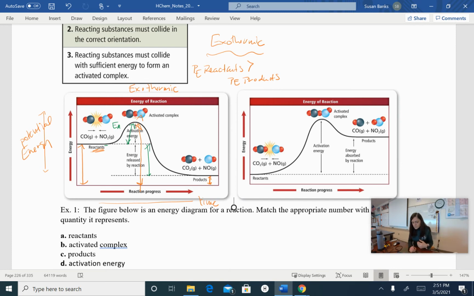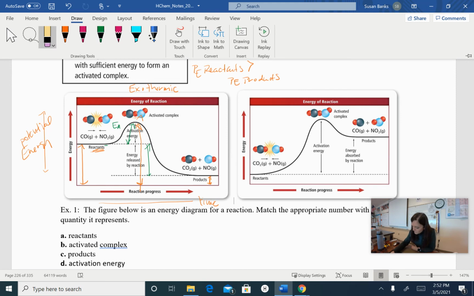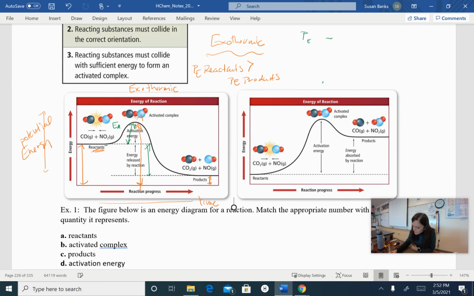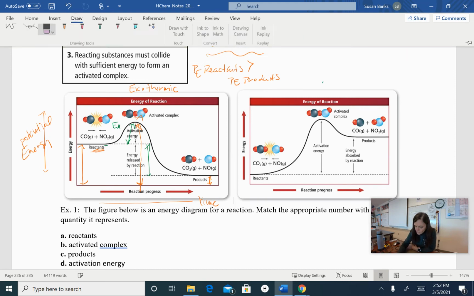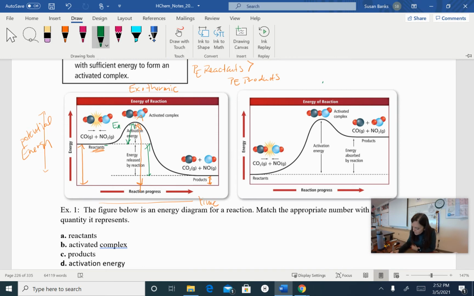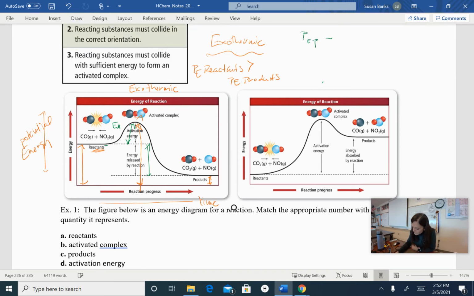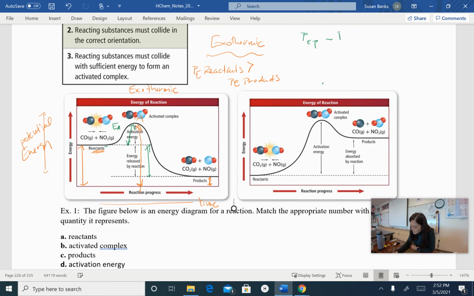Okay, and then let's look at this. The difference between our reactants and our products. So the potential energy of our reactants minus, or let's actually do it backwards. The potential energy of our products minus the potential energy of our reactants.